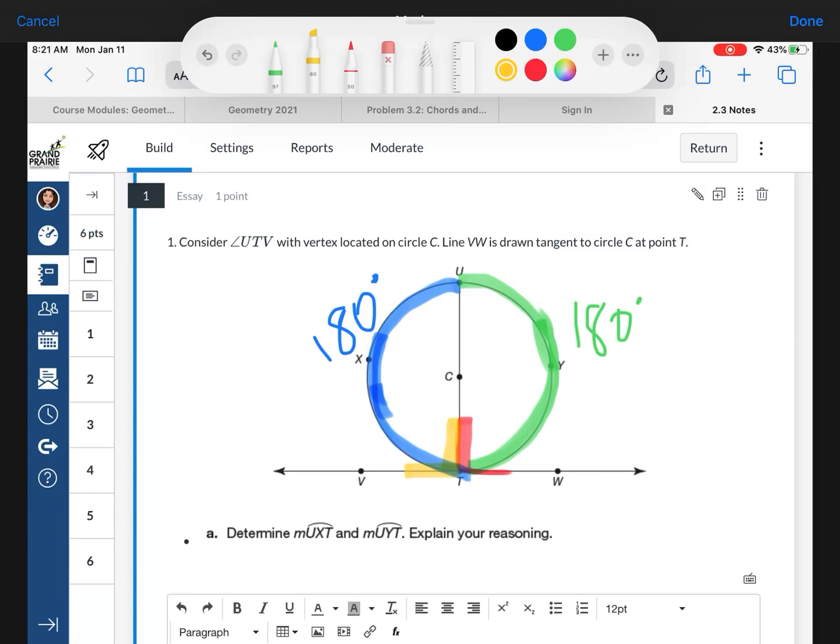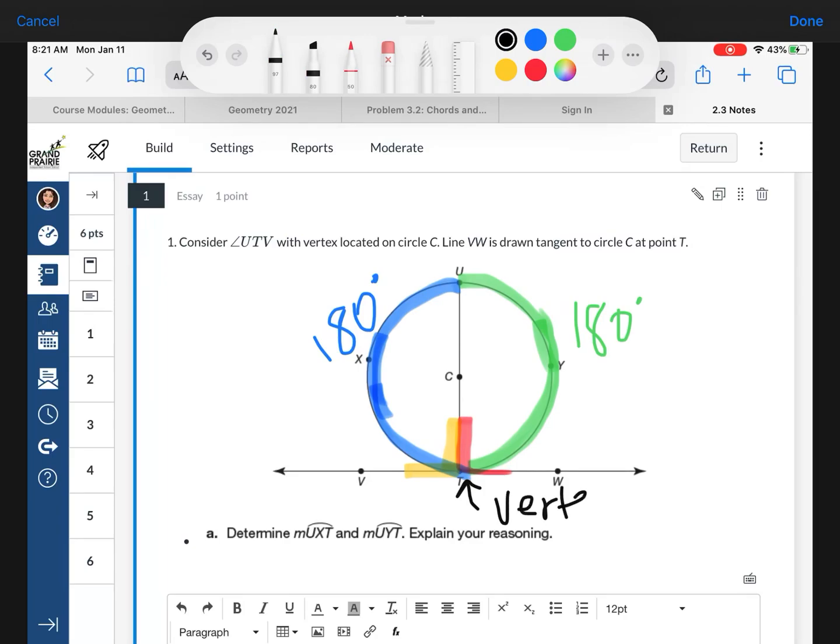Well, let's see. These are inscribed angles because the vertex, as you can see, is on the circle, right? Even though one side of the angle is outside of the circle, it's still considered an inscribed angle because the vertex is on the circle. Remember, the vertex is this point right there of each angle.